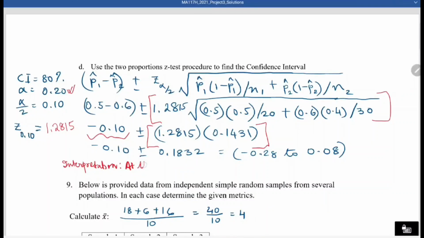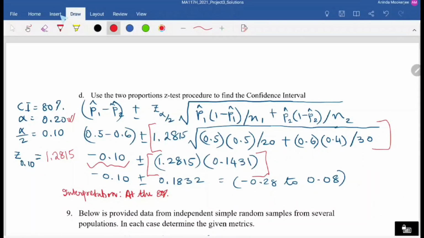Make sure you start with stating your confidence interval at the 80%, or rather, I'm sorry, I need to restate that. All right, so I'm going to erase this. You can say at the 80% confidence interval, which is fine, but I'm used to writing we can be 80% confident.